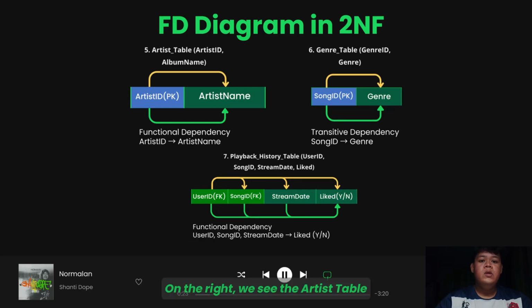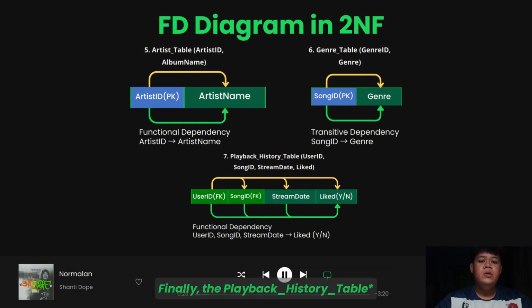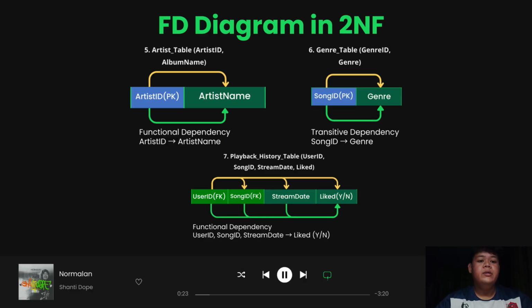On the right, we see the artist table, where artist ID serves as the primary key that determines the artist name. Finally, the streaming activity table uses a composite key made up of user ID, song ID, and stream date, and this determines whether a song was liked or not.